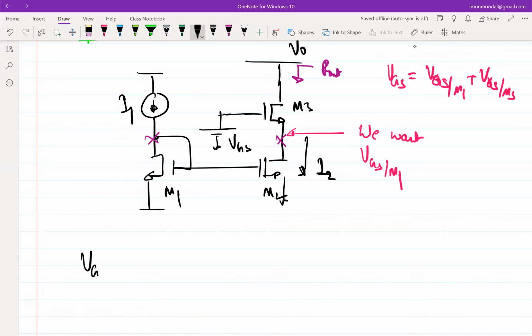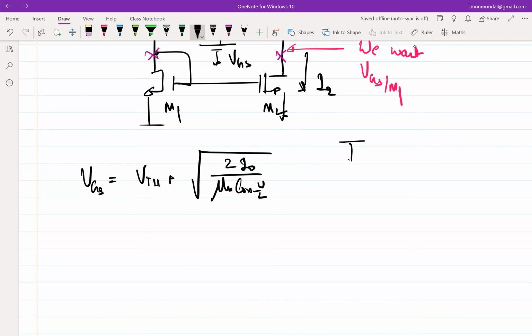So we know that VGS is equal to threshold voltage plus square root of 2 I0 by mu n Cox W over L. And how do I generate this? I can generate this by simply passing the I0 through a diode connected transistor.